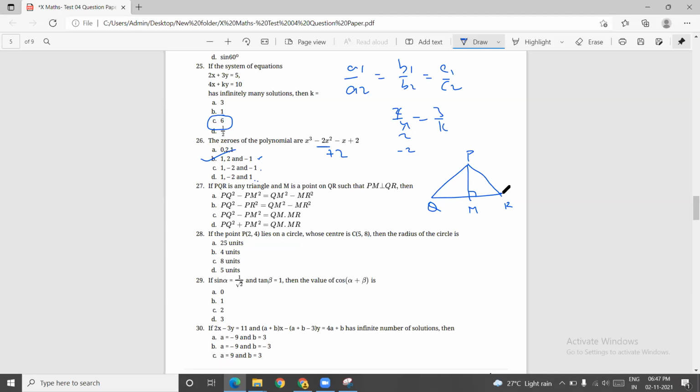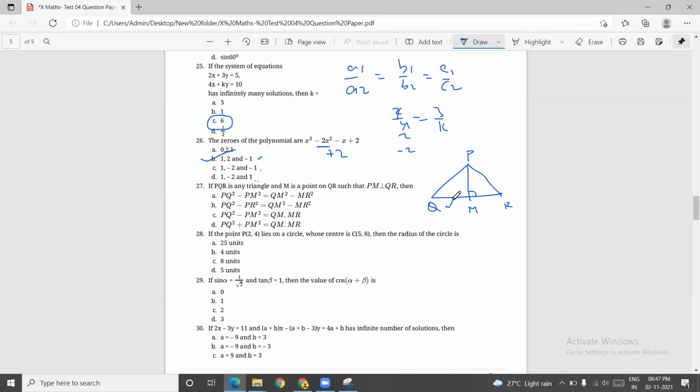Question number 27. What is the meaning of PQ square minus PM square? PQ square minus PM square is QM square. QM square minus MR square is PR square. Let's see. PQ square minus PM square is QM square, and minus MR square.